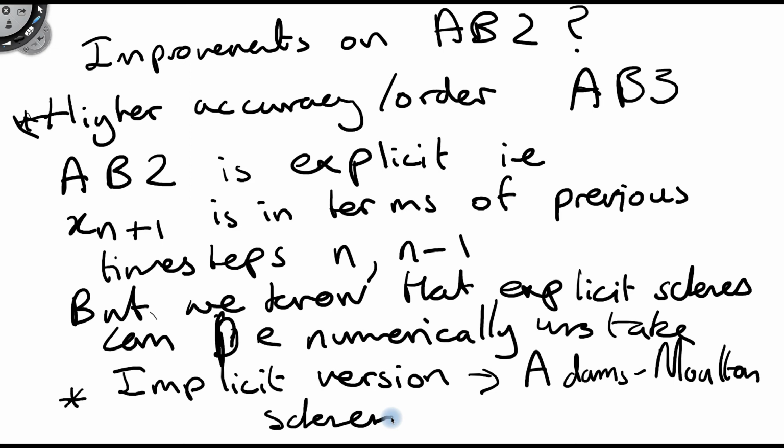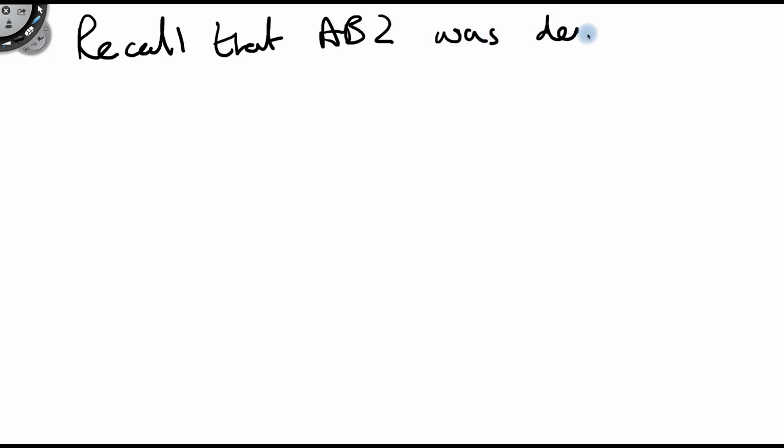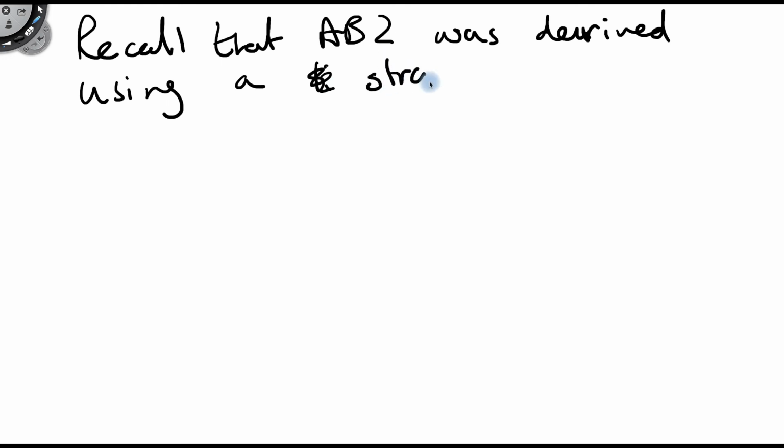For the remainder of this video, I just want to show you the third order Adams-Bashforth method. So recall that AB2 was derived using a straight line polynomial.